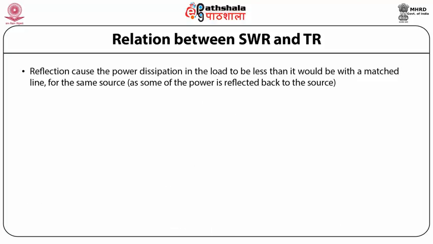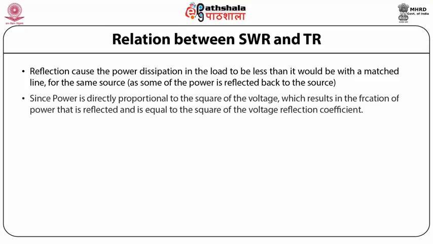Reflection causes the power dissipation in the load to be less than it would be with a matched line for the same source, as some of the power is reflected back to the source. Since power is directly proportional to the square of the voltage, the fraction of power that is reflected is equal to the square of the voltage reflection coefficient.